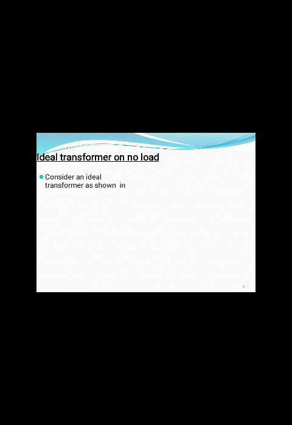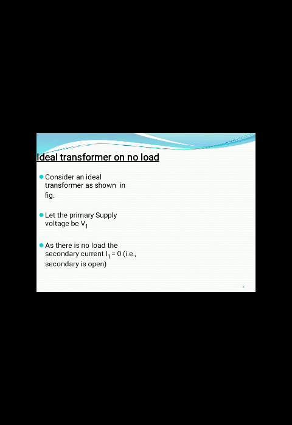Consider an ideal transformer as shown in the figure. Let the primary supply voltage be V1. As there is no load, the secondary current I2 is equal to 0. That means the transformer secondary is open circuited.